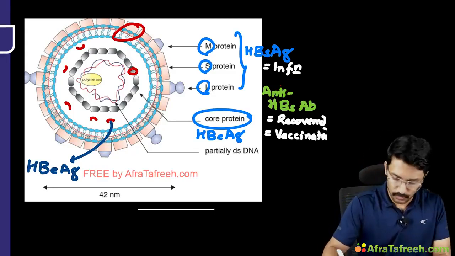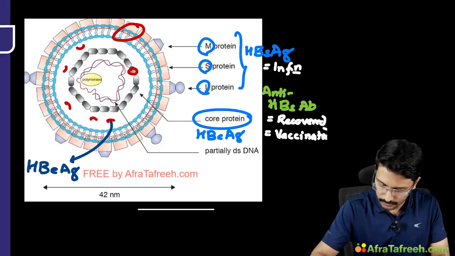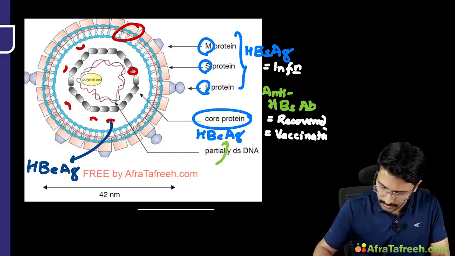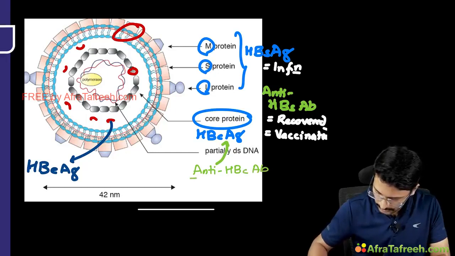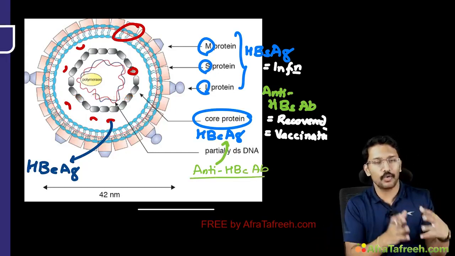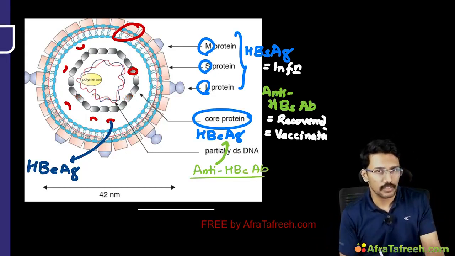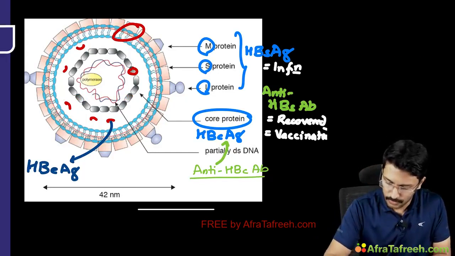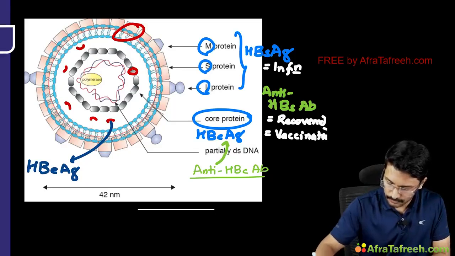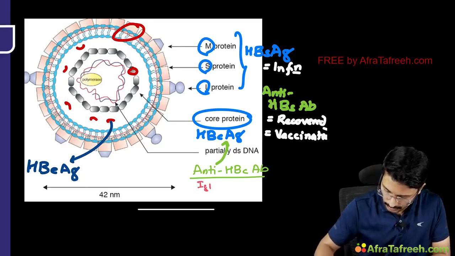What we detect against it is anti-HBc antibody. After the acute initial infection, the predominant antibody form will be IgM.